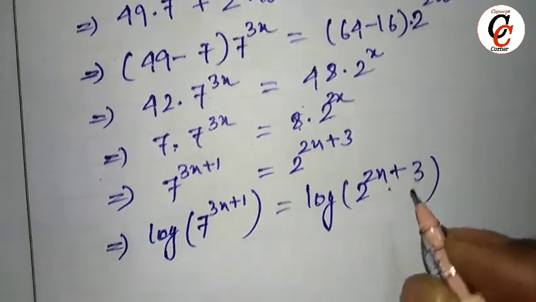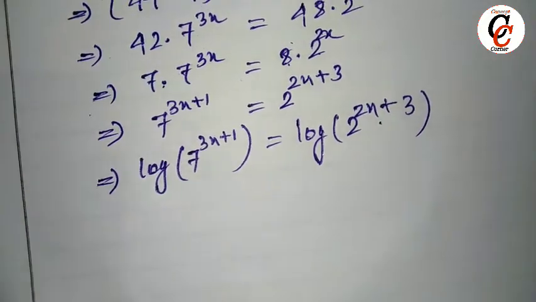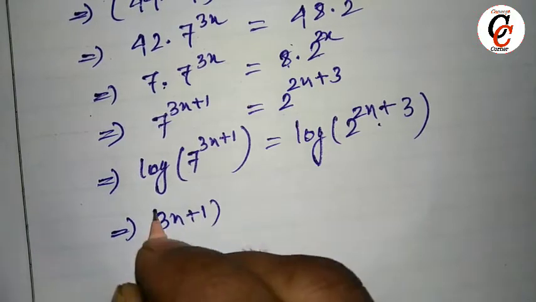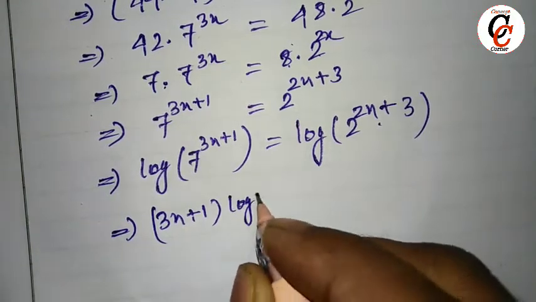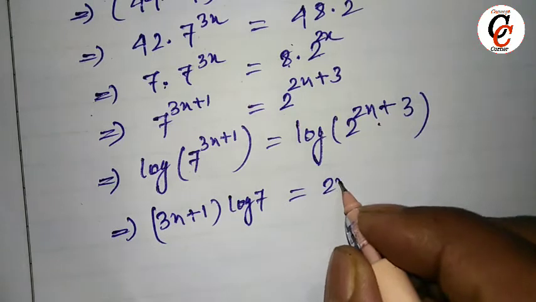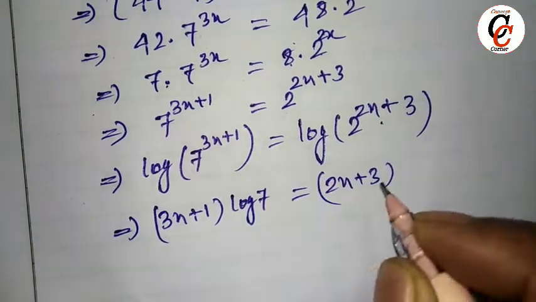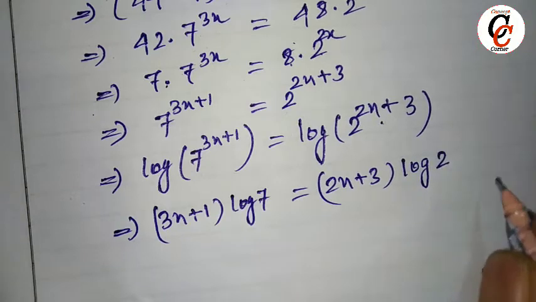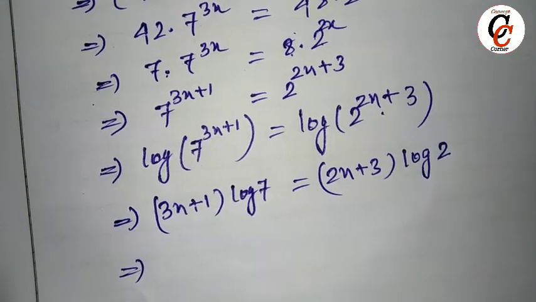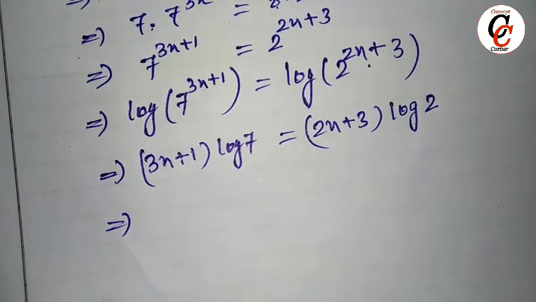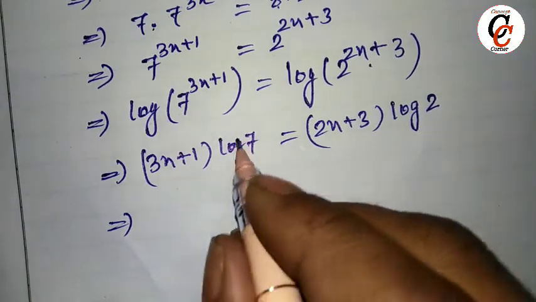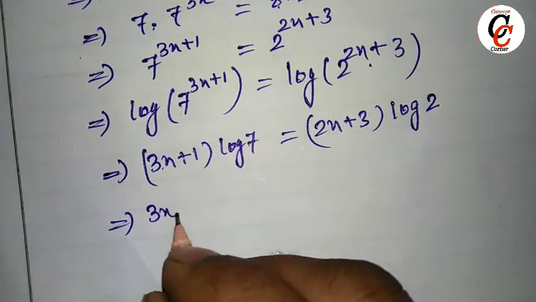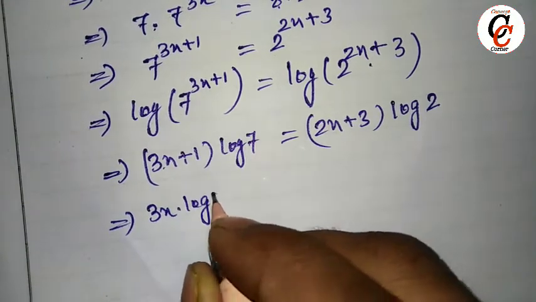So now we have to take log on both sides. Taking log of 7 to the power 3x plus 1, and also log of 2 to the power 2x plus 3, we will get 3x plus 1 into log of 7, equal to 2x plus 3 into log of 2.